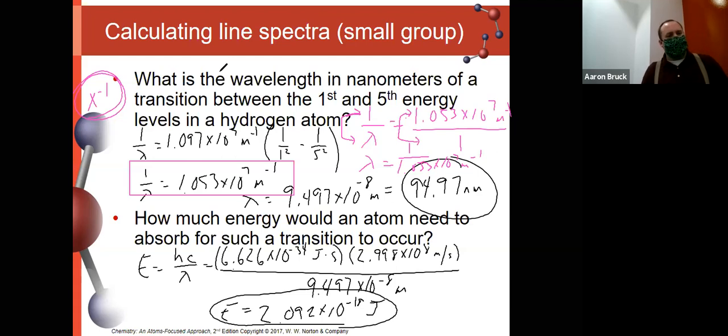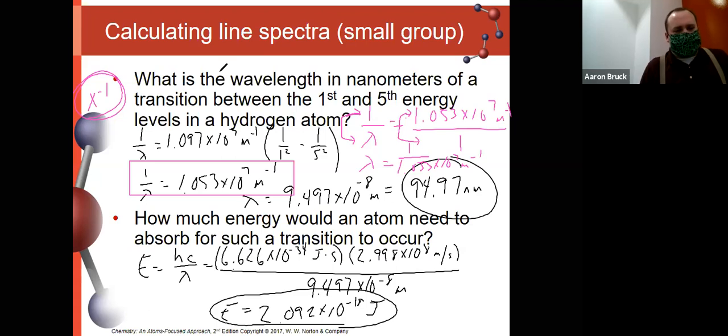So if I took 1.053 times 10 to the 7th and raised that whole thing to the -1 power, I would have got the correct answer also. The correct answer is 9.497 times 10 to the -8 meters, which once we multiply that by 1 billion, because there are 1 billion nanometers in a meter, we get 94.97 nanometers.